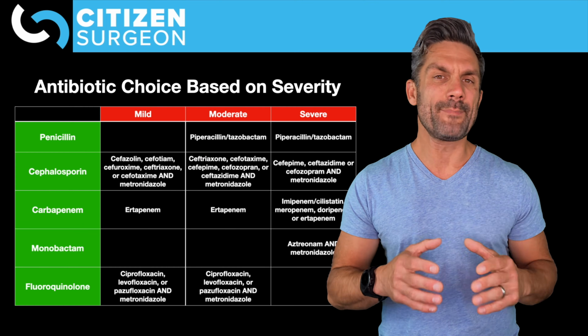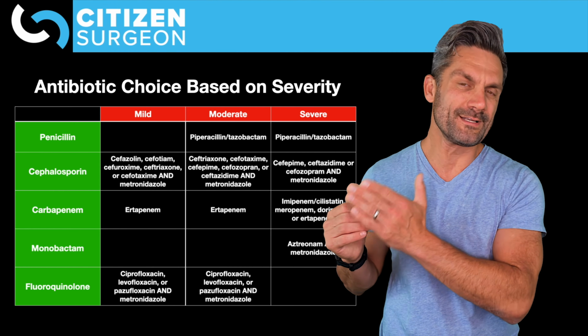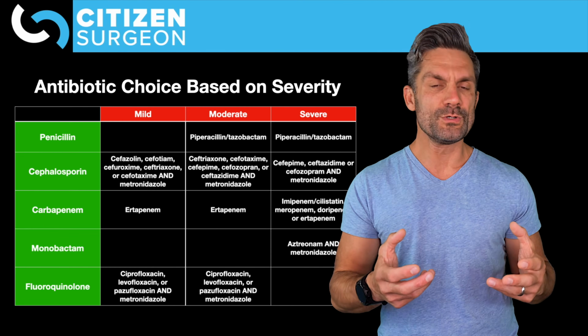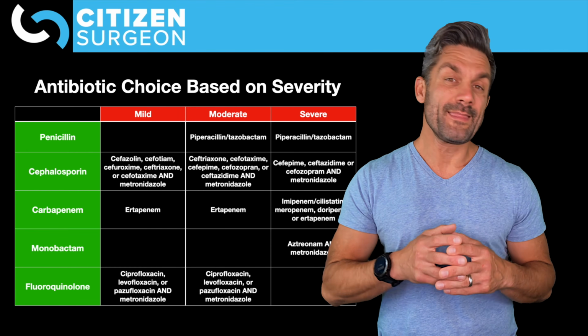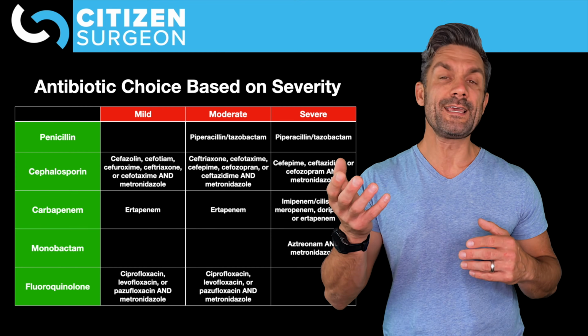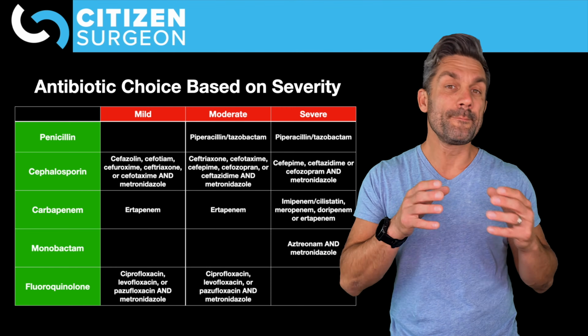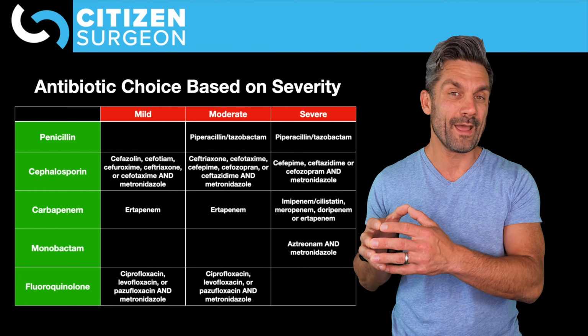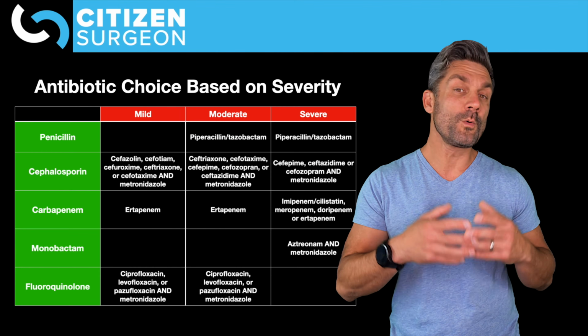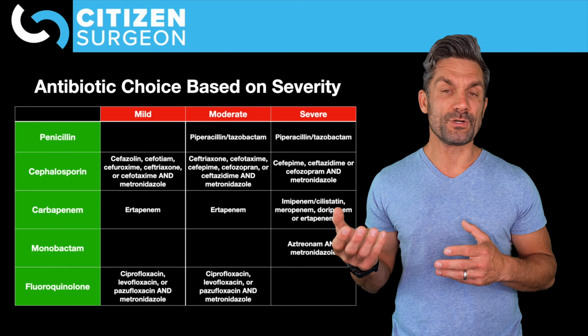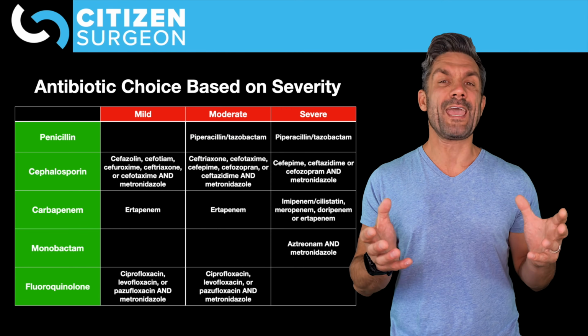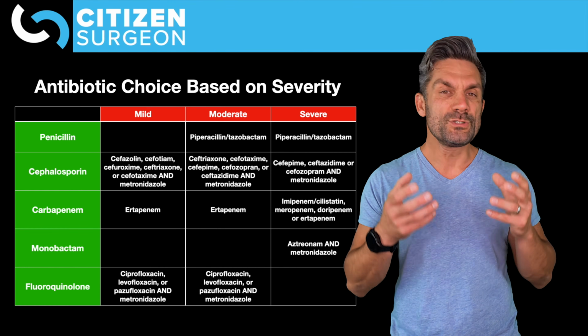And based on if that patient has mild, moderate, or severe disease, we can choose what antibiotic. So if we're going to use a penicillin and that patient has moderate or severe disease, you know, Zosyn or piperacillin tazobactam, all right? If we want to use a fluoroquinolone in that patient, we might use ciprofloxacin with Flagyl, okay? So you can look at this table and this will help you choose the antibiotic.